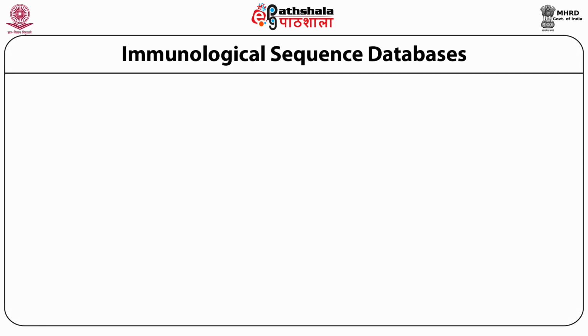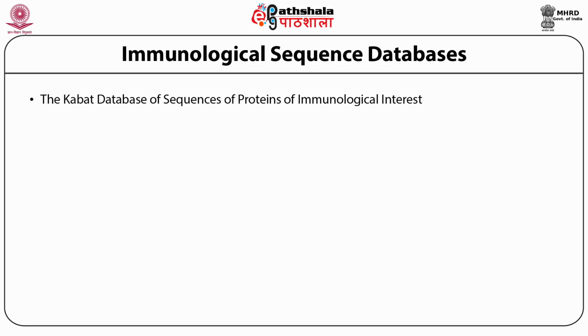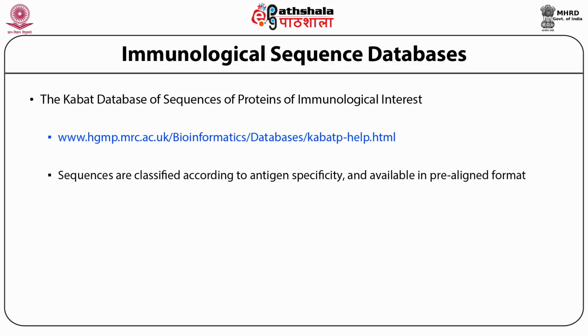We also provide information about the immunological sequence database, like the Kabat database of sequences of proteins of immunological interest. You can see the URL. Once you click on this URL, you can get the information about proteins of immunological interest, and the sequences are classified according to antigen specificity and available in aligned format.